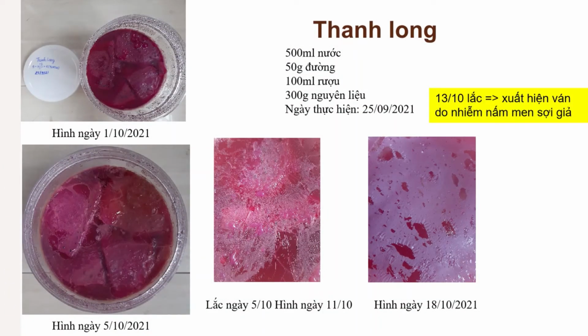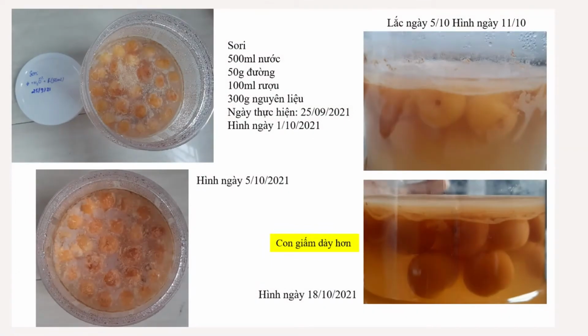Dragon fruit samples from October 1st to October 5th showed a film due to infection with pseudofilamentous yeast and bacillus, and after 13 days the infection continued. The sorai samples showed a film due to the same infection; after 6 days of shaking, vinegar began to appear, and by October 18th it was thicker.